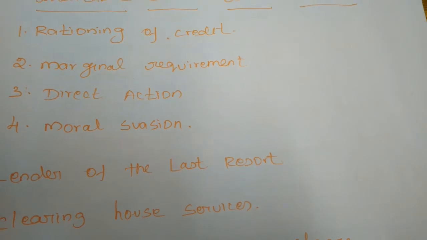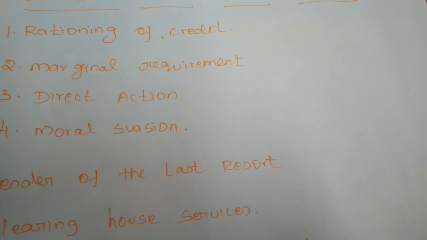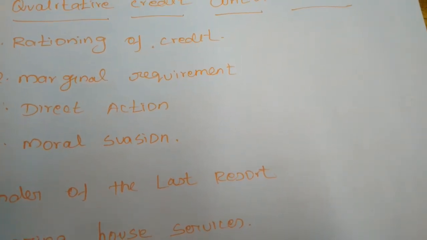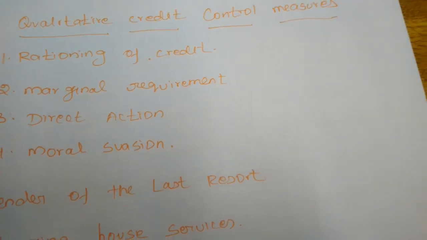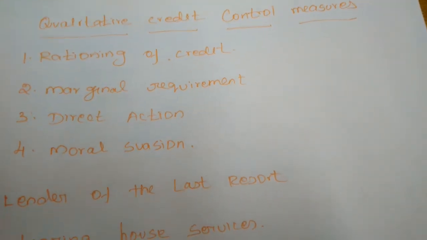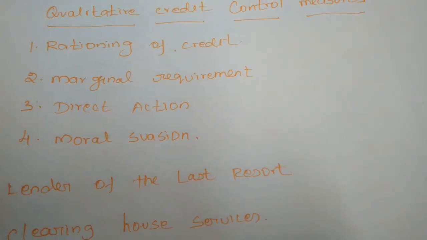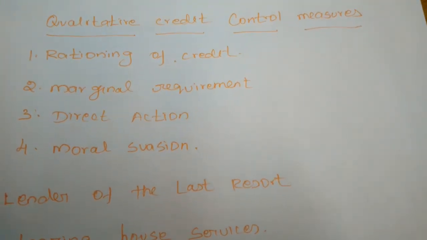Under this measure, the Reserve Bank of India puts pressure on the banks towards liberal or restricted lending during certain periods. So the RBI will urge the commercial banks to provide or reduce the credit amount on the basis of certain periods.